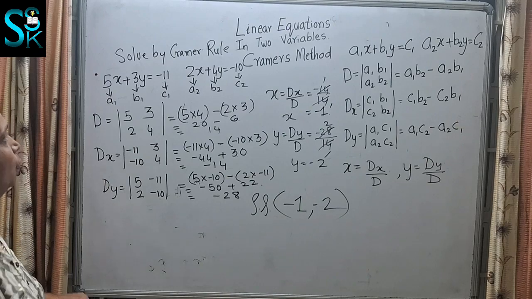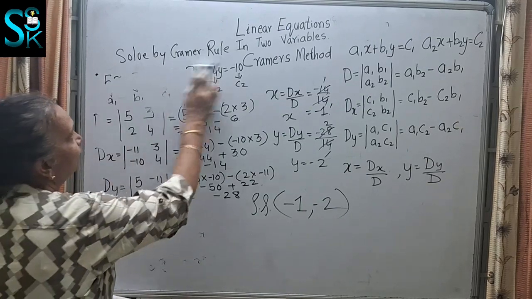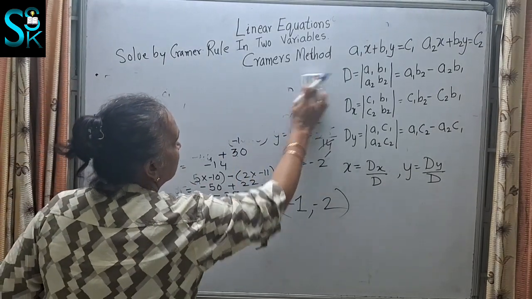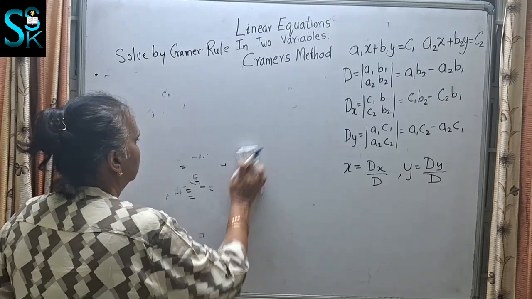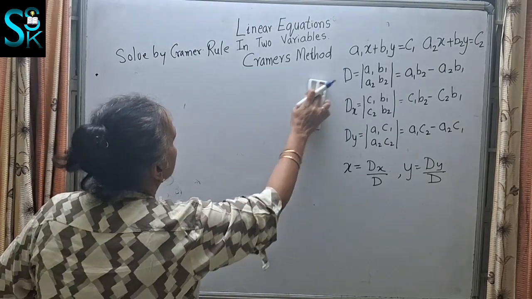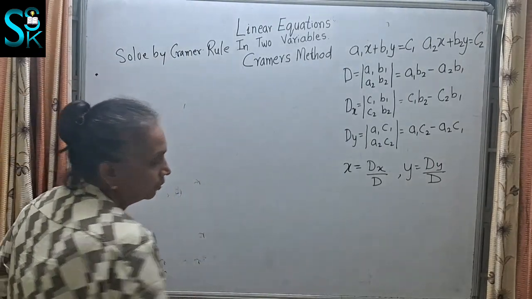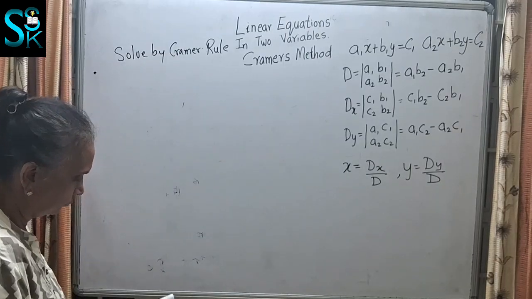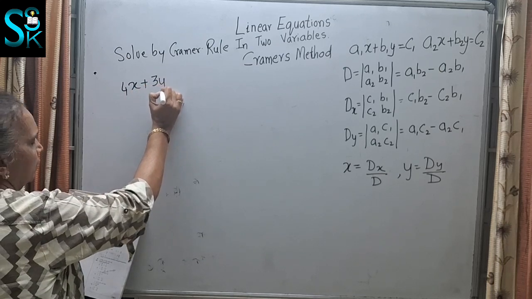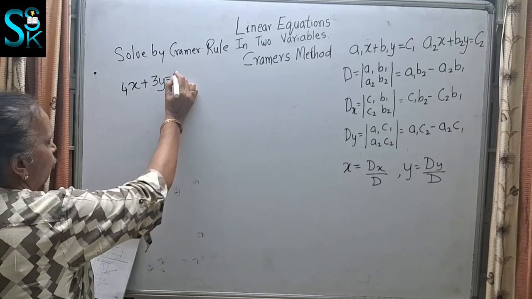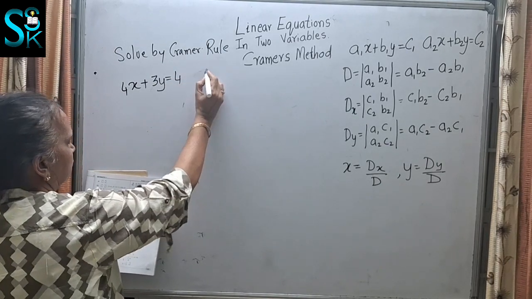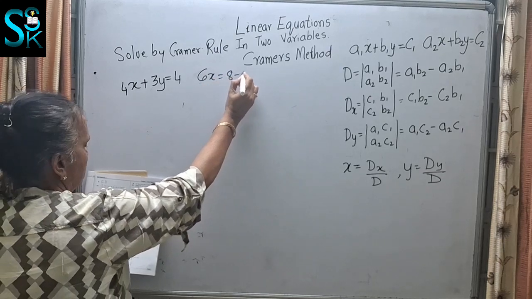Okay. Now, shall we take the next sum? Four x plus 3y is equal to 4 and 6x is equal to 8 minus 5y.